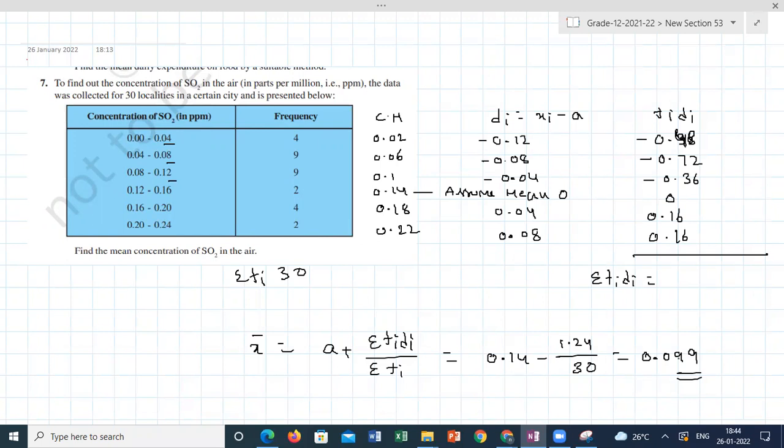Some of you may get approximately 0.09866. That is also a right answer; this is also rounding up.